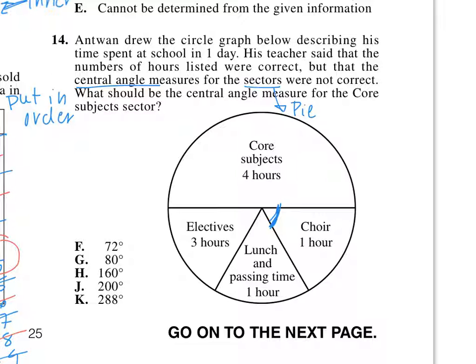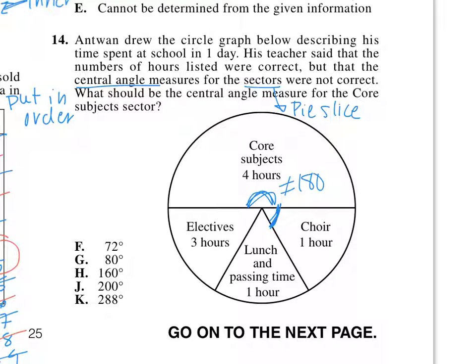Right now this graph has 4 different sectors, 3 small ones and 1 big one. The teacher said the central angle, so this angle right here, should not be 180. Right now they've got a straight line, it looks like 180.